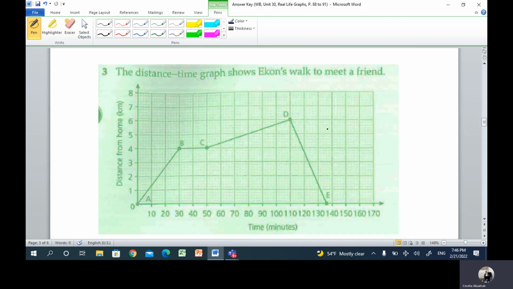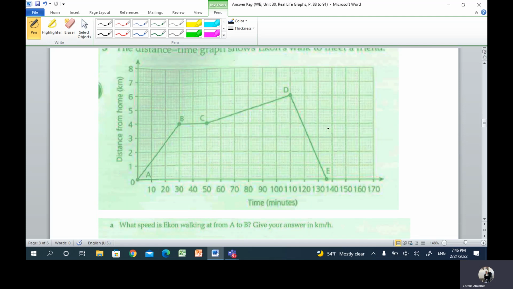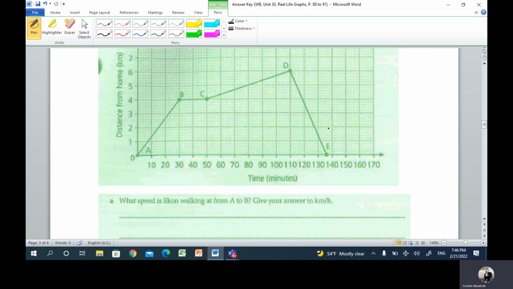The distance graph shows Econ's walk to meet a friend. What speed is Econ walking from A to B? From A to B, it starts here, and the distance is 4 kilometers.